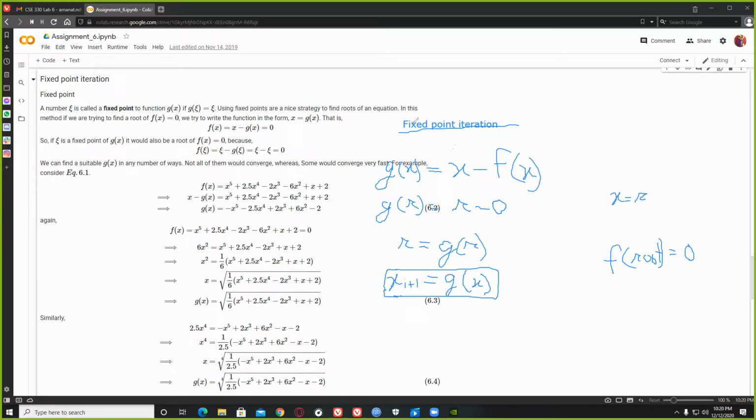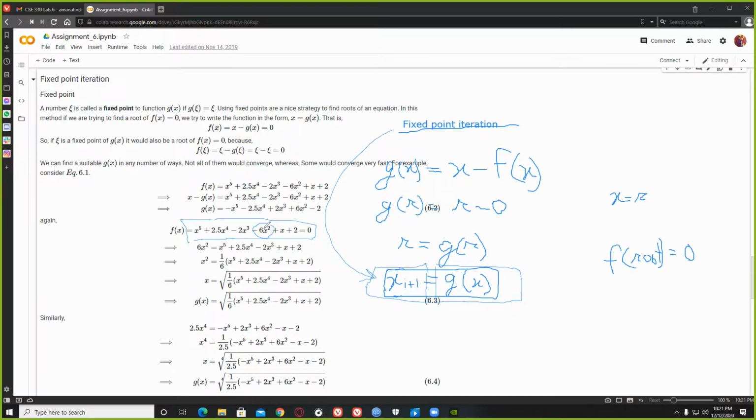Now from the fixed point iteration theory, we know if we can just separate the value of x, then whatever we are left with is g of x. So from this function we want to separate the value of any of the x's. So let us pick this one.